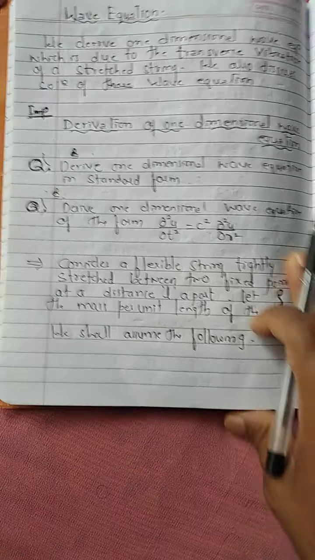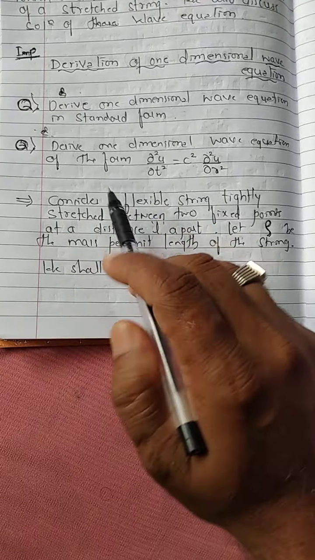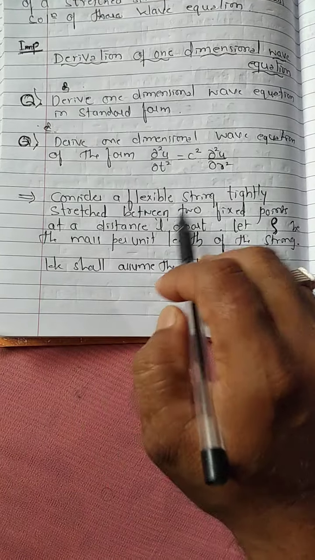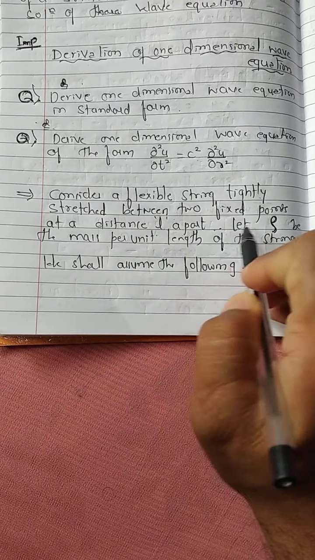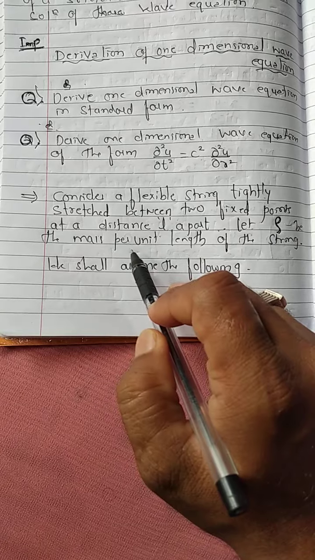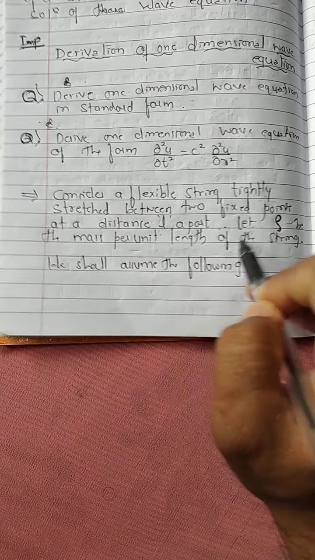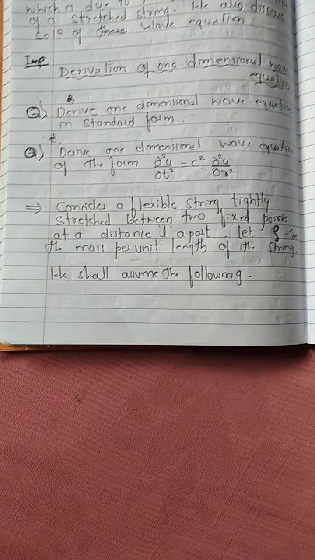To derive this, let us go through some important physics that you have to consider. One flexible string is stretched between two fixed points at a distance of L apart. Let rho be the mass per unit length of the string. Now, to derive this, let us assume the following conditions.